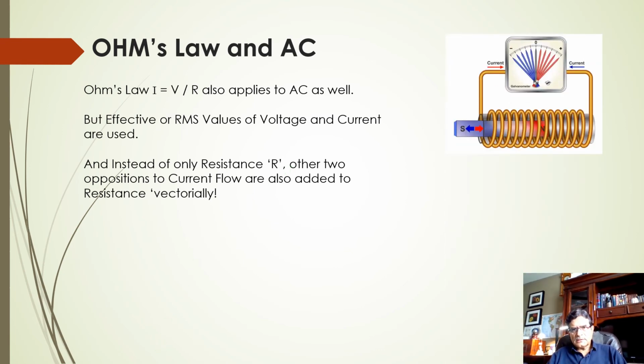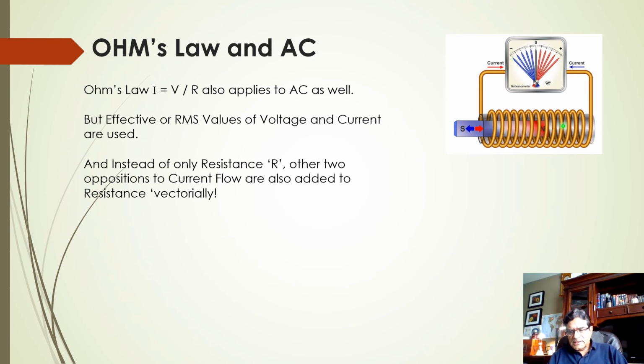One, which is not present in the DC circuit, is the concept of inductance, magnetic inductance. So when you physically move a magnet in a to and fro motion, left to right, right to left, a voltage is induced in the coil. This is exactly what an AC generator is doing. So if you are moving the magnet within the coil like this, you will see a voltage is induced, and it is like this.